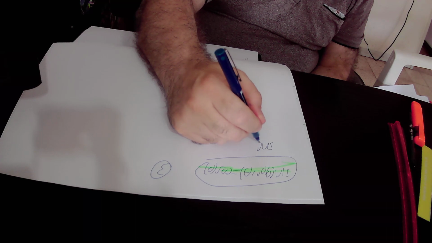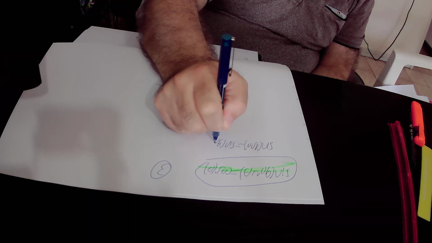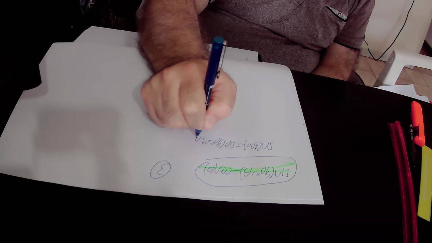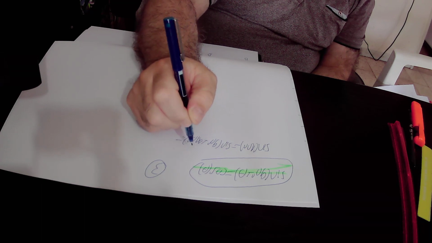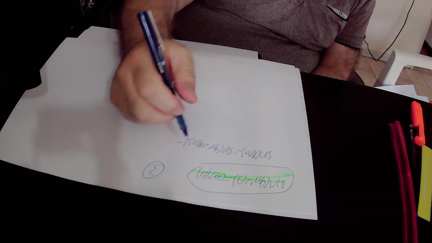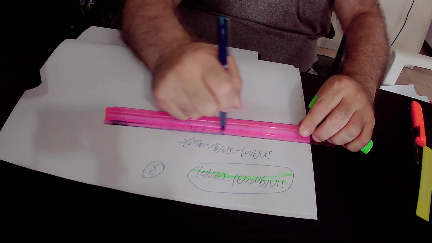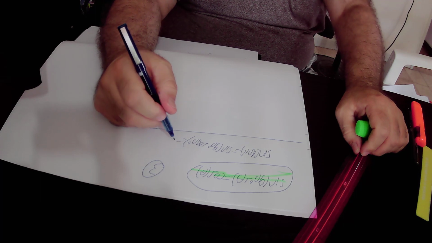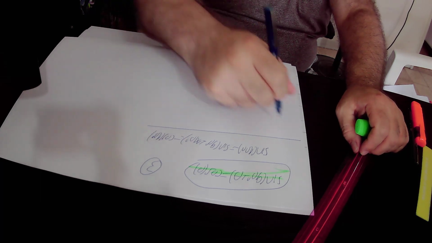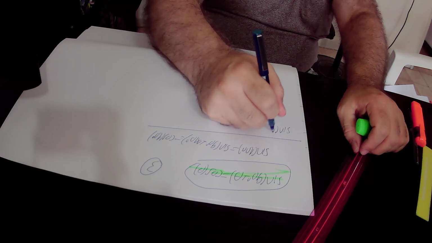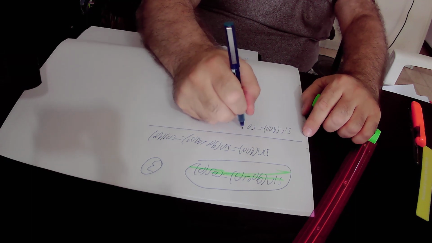Sine 100 degrees is equal to sine 90 degrees plus 10 degrees, and according to this identity, sine 90 degrees plus 10 degrees will be equal to cosine 10 degrees. So in conclusion, we found out that sine 100 degrees equals cosine 10 degrees.